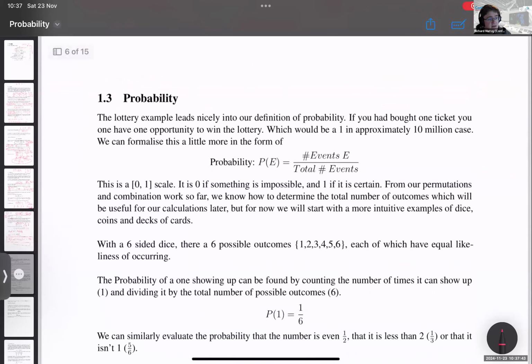So this is the definition of probability. So the probability of event E is equal to the total number of times that occurs divided by the total number of ways the system could be arranged. This is a little bit of a generic open definition. So normally we describe things like this in terms of systems that you'll be familiar with, like dice or decks of cards.